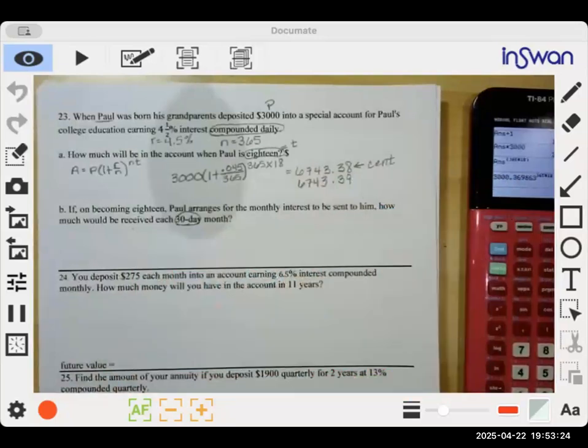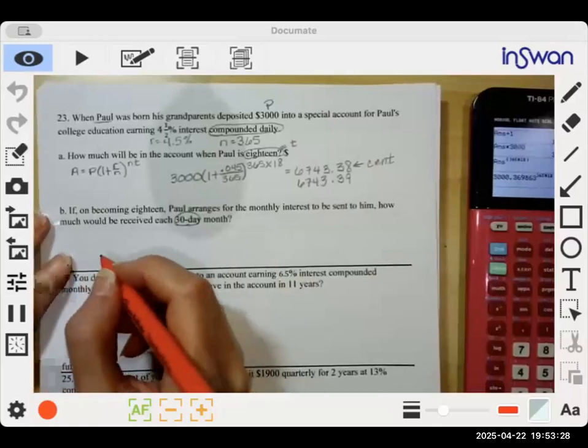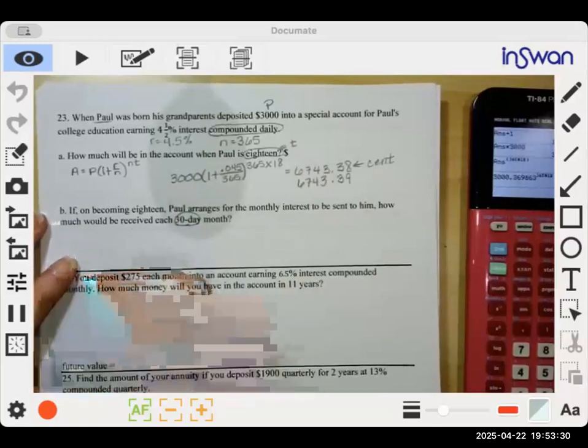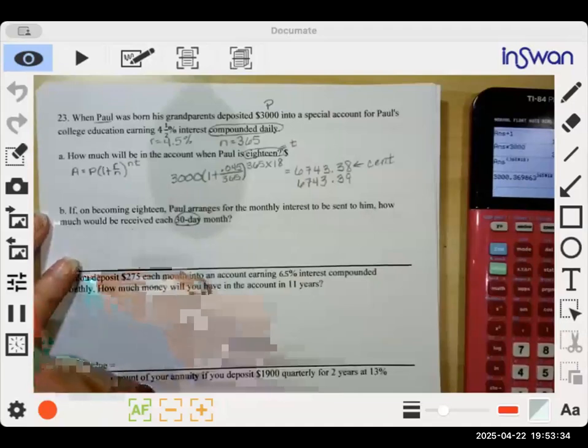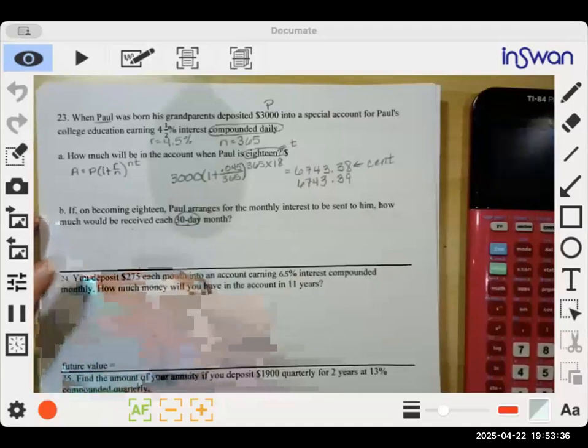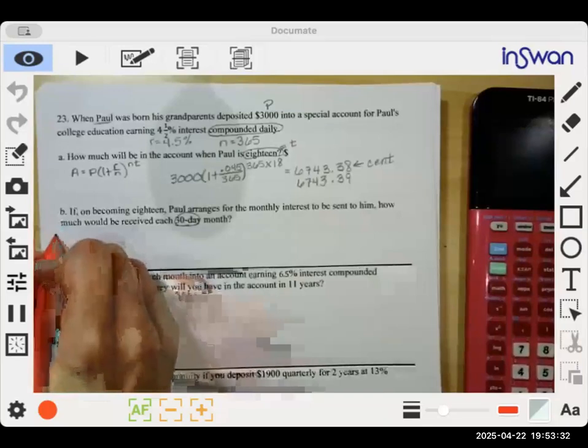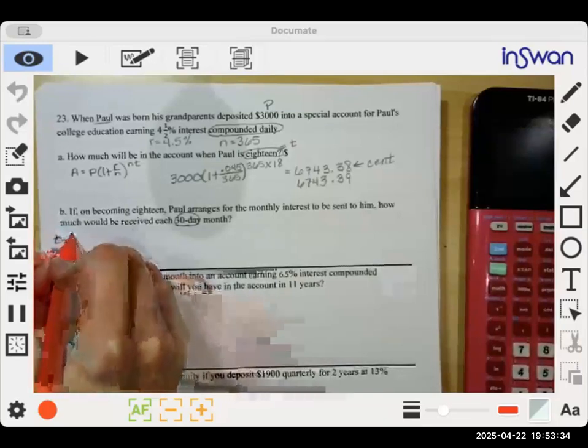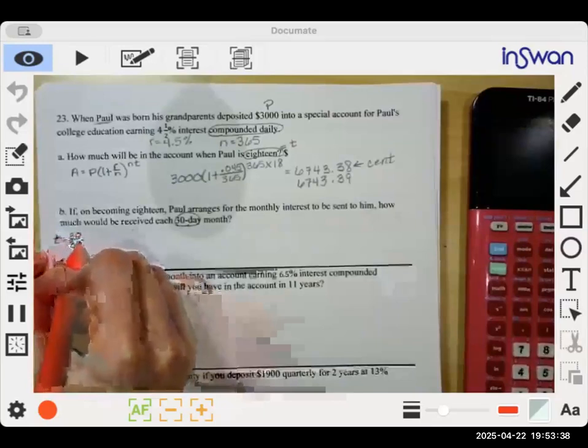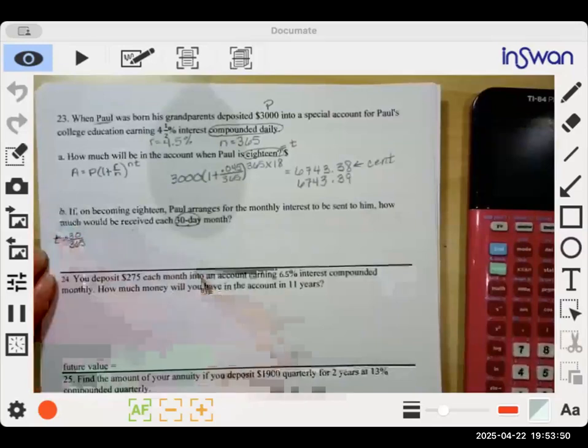The same formula, you're just changing the 18 years to 1/12, because you're doing 1 month of interest. Because it's telling us it's a 30-day month, it's going to be 30 divided by 365. I think that's actually what I did earlier.